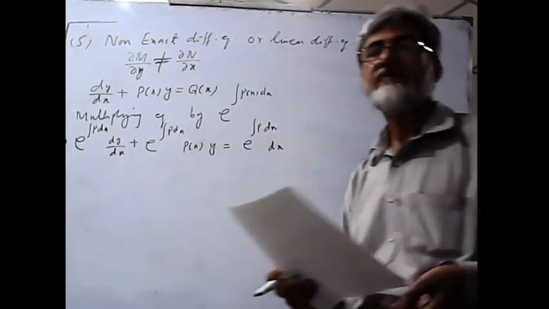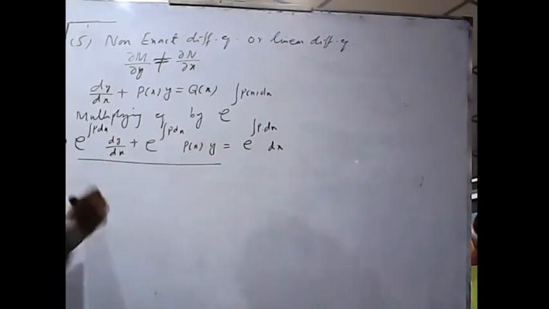Now observe the left hand side expression. It maintains the derivative formula u into v in reverse form. Recall the definition of exact differential equation: we find the function whose derivative is given to us.